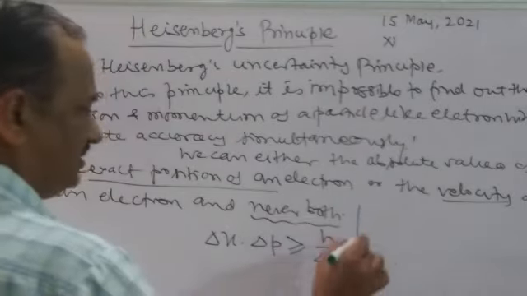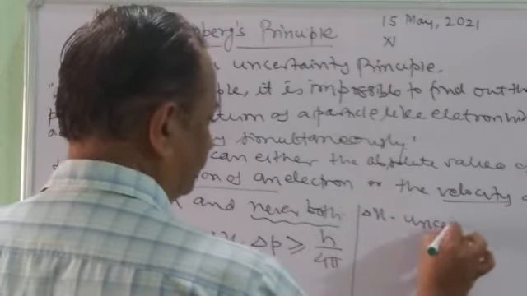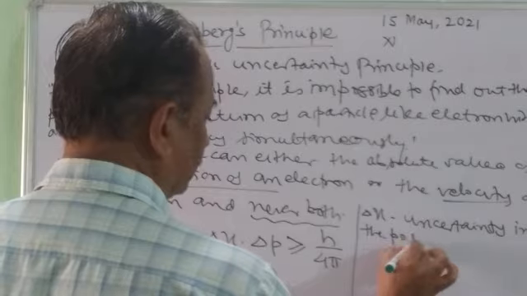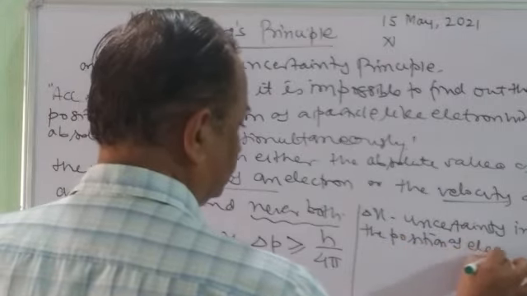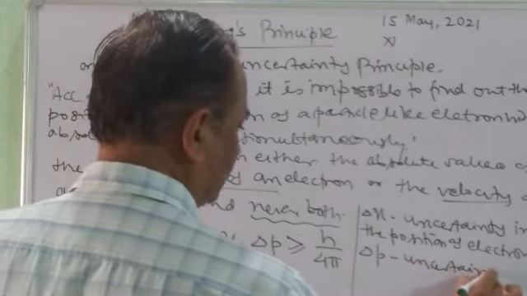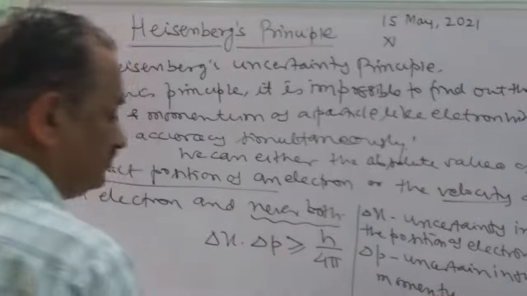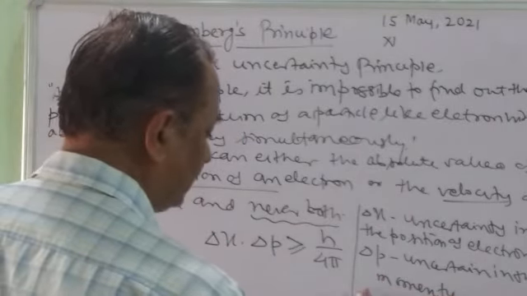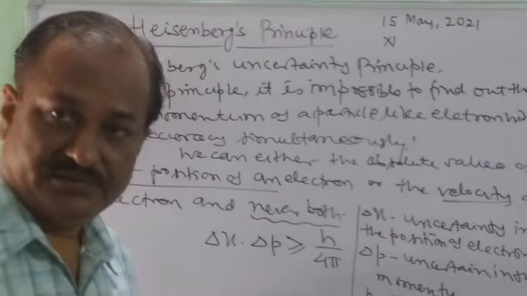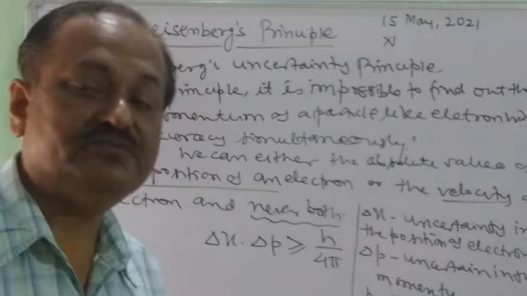See, this delta x is the uncertainty in the position of the electron, delta p is the uncertainty in the momentum, and h, h is what? H is Planck's constant.